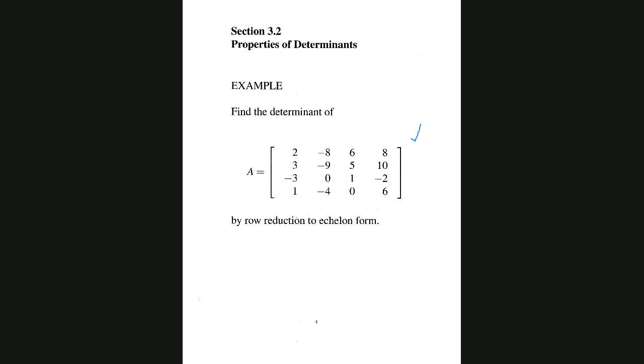Okay, so we want to find the determinant of this 4x4 matrix by row reduction to echelon form.